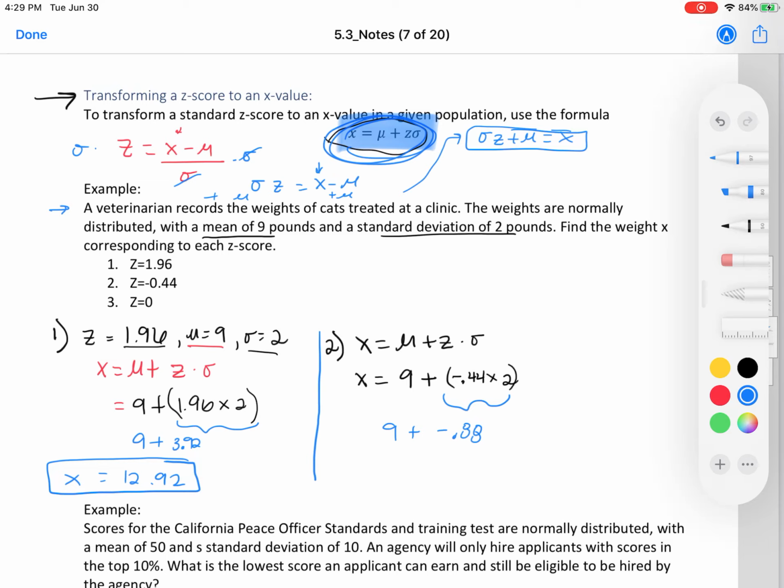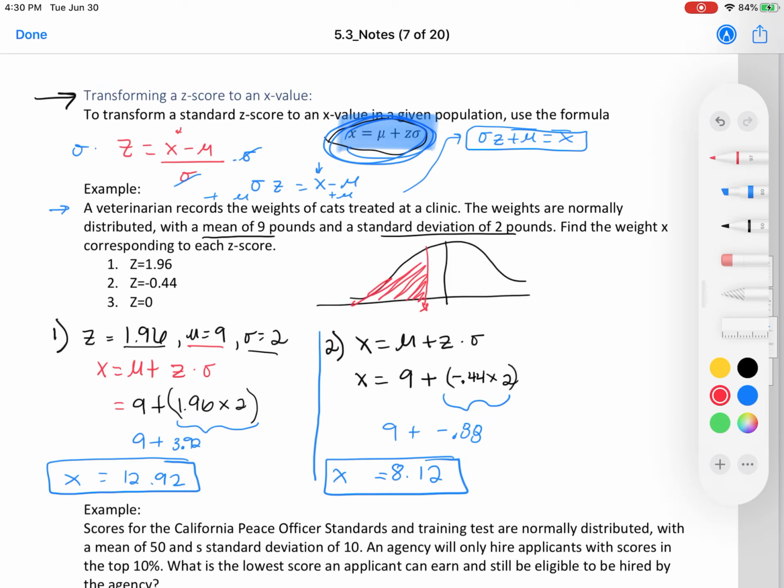So plus 9, we get 8.12. And that's the x that corresponds to that mean and standard deviation. So again, what this is saying is, if I have some bell-shaped curve with some mean, I'm trying to find that x value.